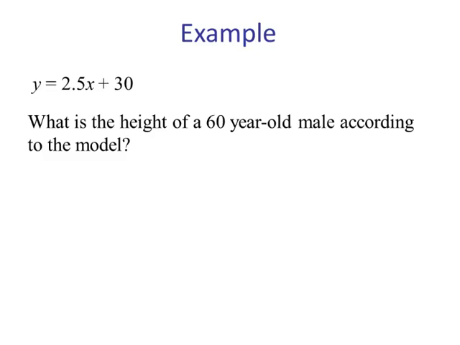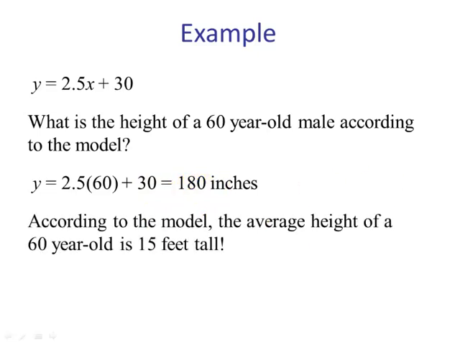Now let's use this model to predict the height of a 60-year-old male according to this model. 60 is our x. We multiply it by 2.5. We add 30, and we get 180 inches. Now what that means, according to the model, is the average height of a 60-year-old male is 15 feet tall.